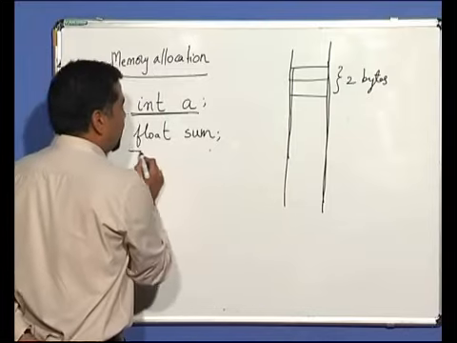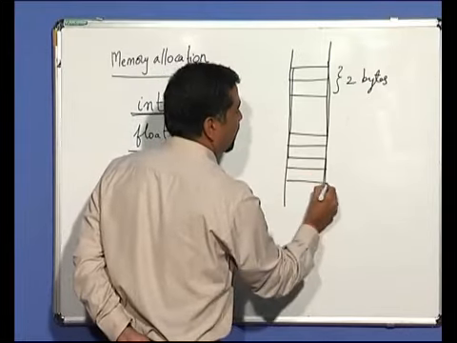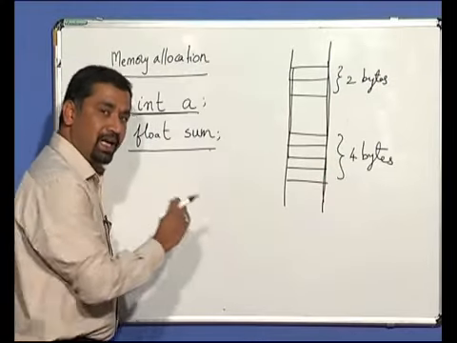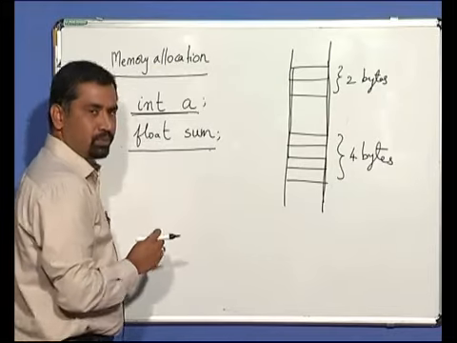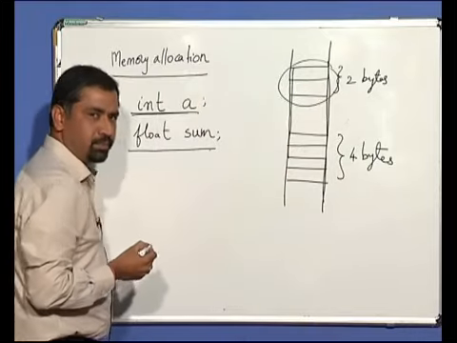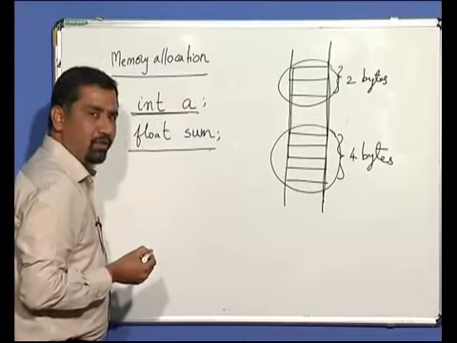At the same time, when you declare like this, memory gets allocated somewhere, assuming a float takes 4 bytes. 4 bytes of memory is allocated in the random access memory so that when you enter a value, that value can be stored in this storage location or in this storage location if it is a floating point value.